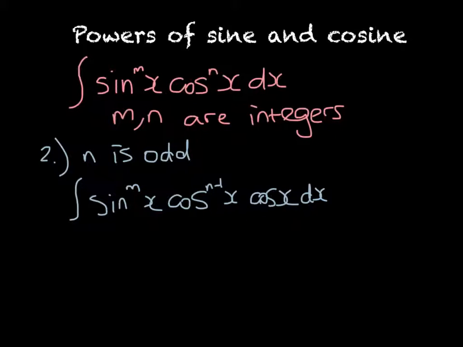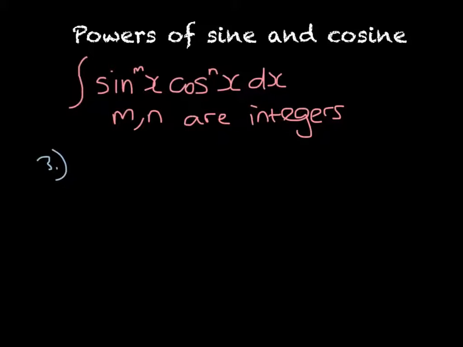And then using the same trick, you'll turn this into a polynomial in sine, and then you can use u substitution, except this time u will equal sine of x and du equals cosine x dx, and you'll be able to integrate.